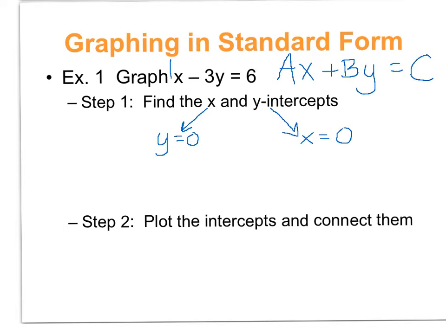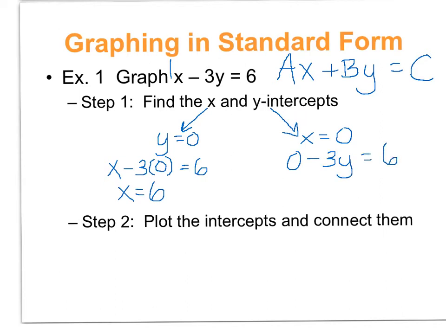So, solving for our x-intercept, we're going to have x minus 3 times a y value of 0 equals 6. This will give me an x value of 6. For our y-intercept, x is 0, and we're going to have to solve for y. Algebraically dividing both sides by negative 3, we'll end up with y equals negative 2.